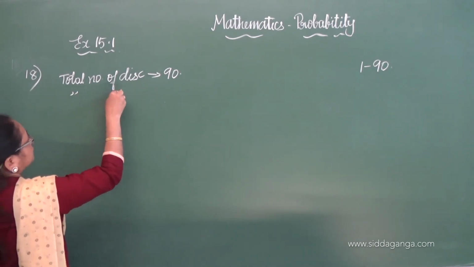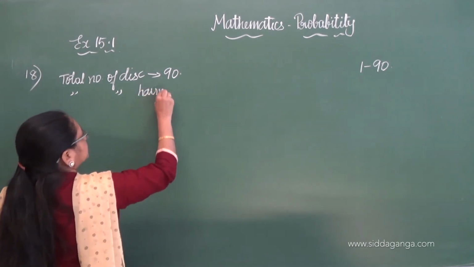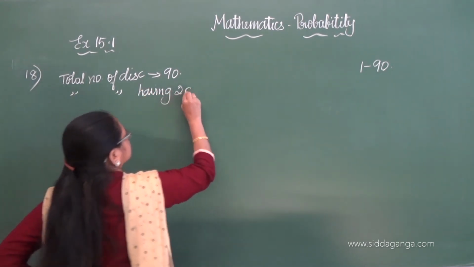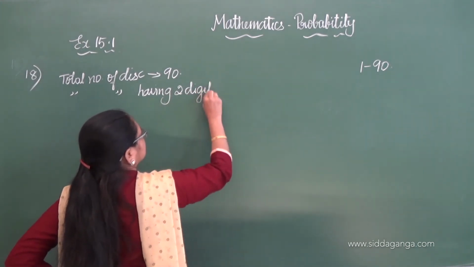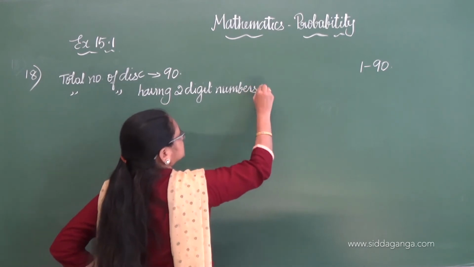Then the total number of discs having 2-digit numbers. I hope you understood this.